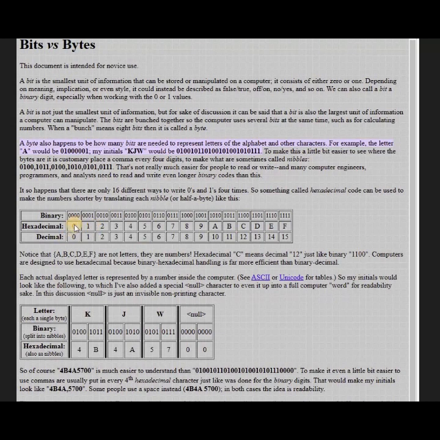For example, we have hexadecimal 0 through 9, and then the letters A through F that represent 10 through 15. So we really have a base-16 numbering system in computer science. And if you look at the letter K, you'll see that the hexadecimal that relates to it is 4B.